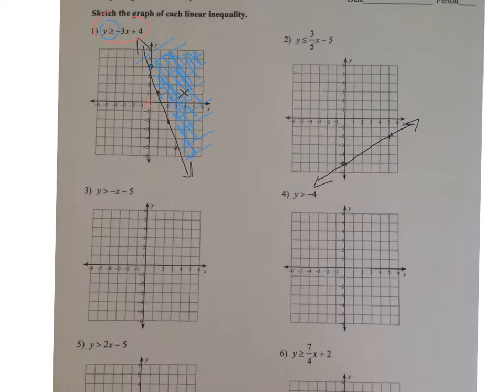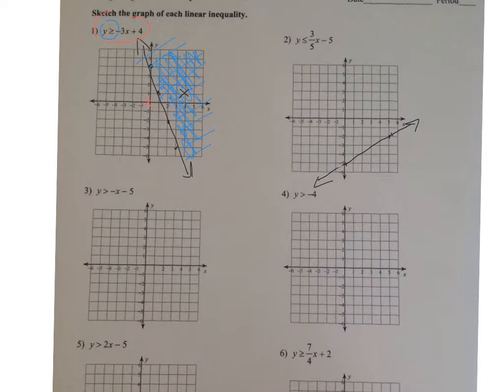Now this one's a little bit trickier. Less than or equal to. Well, I'm looking at this area up here, meaning greater than, and then this area down here, my gut's telling me, is less than.